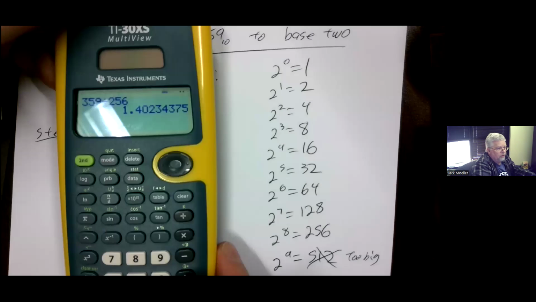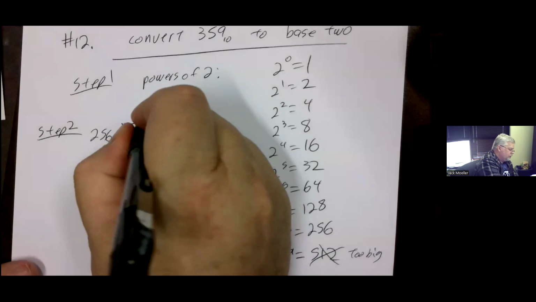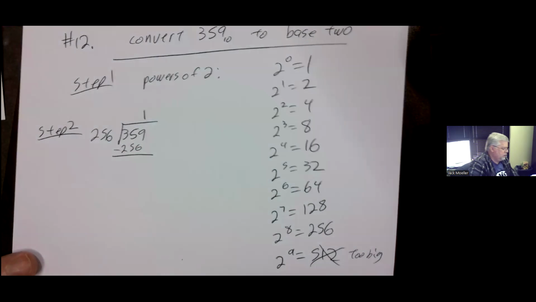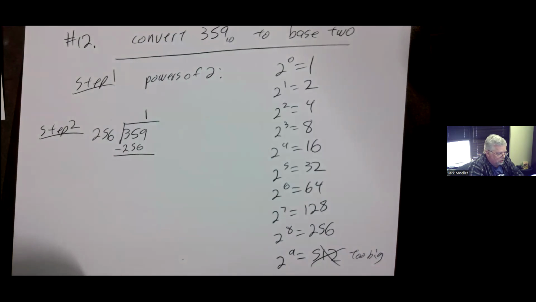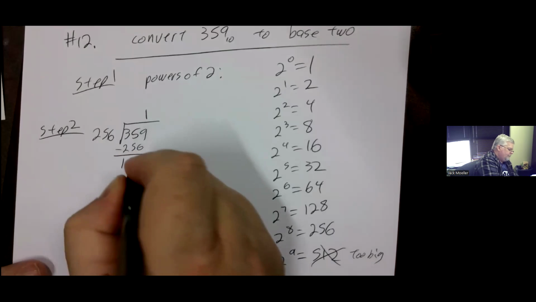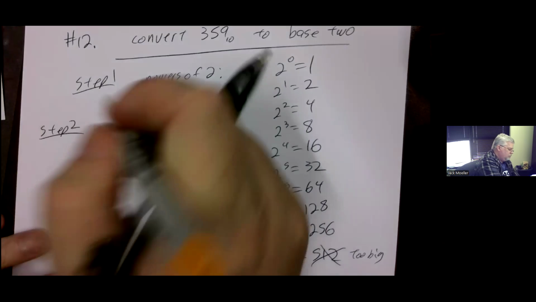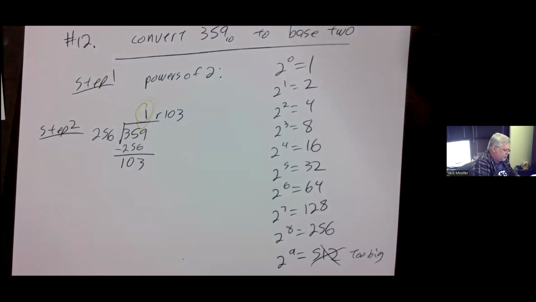But when in doubt, go to your calculator. 256 goes in there once. 1 times 256 is 256. So now we need the remainder: 103. So circle that 1 as part of our final answer.